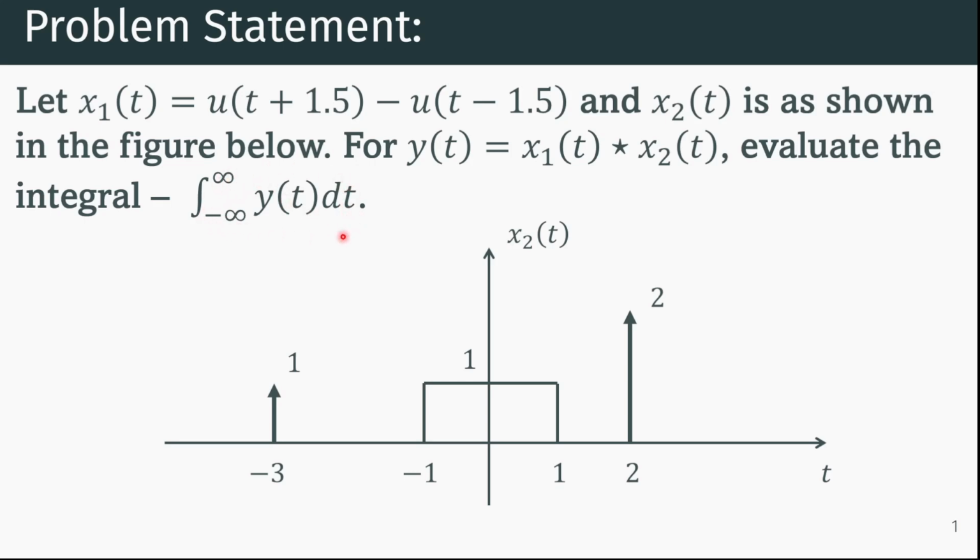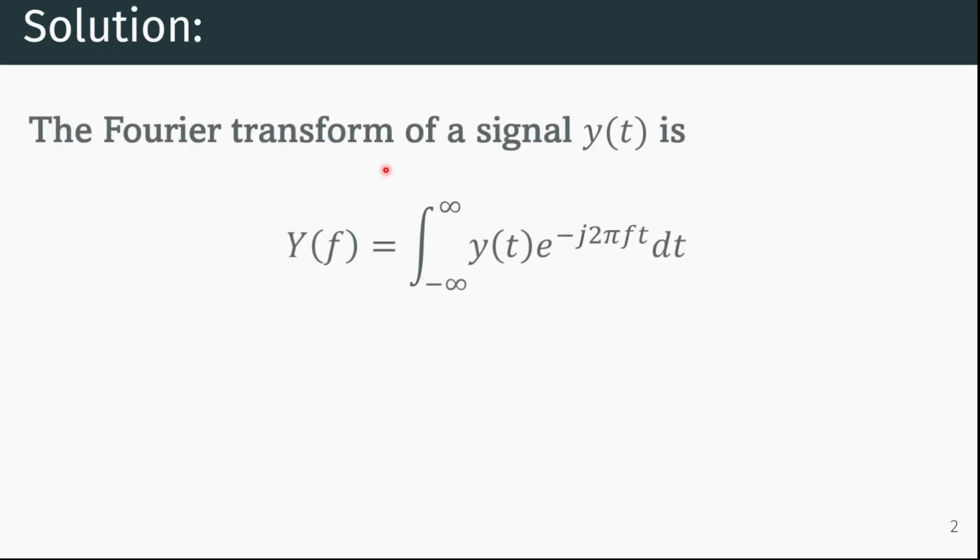You can easily recall from calculus that this is nothing but the area of the signal y of t. So the final question: given x1 of t and x2 of t, and y of t equal to x1 of t convolved with x2 of t, evaluate the area of y of t. X1 of t is given here and x2 of t is given here. So let us look at the solution.